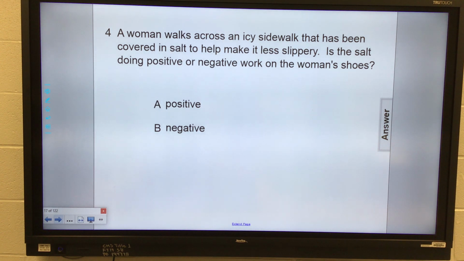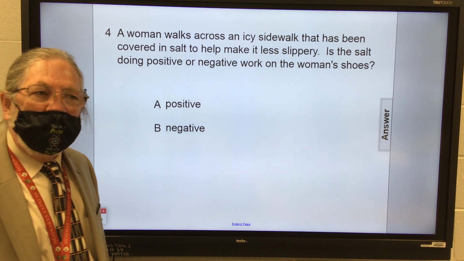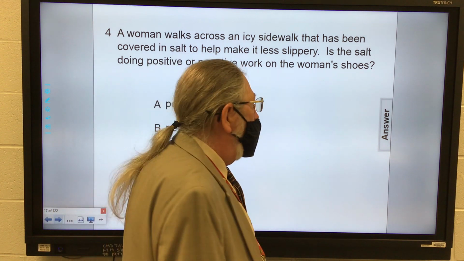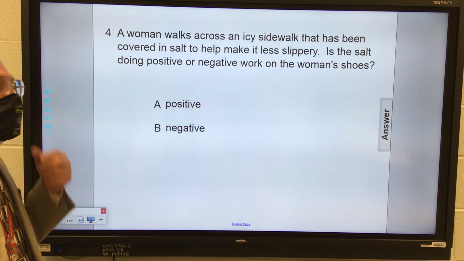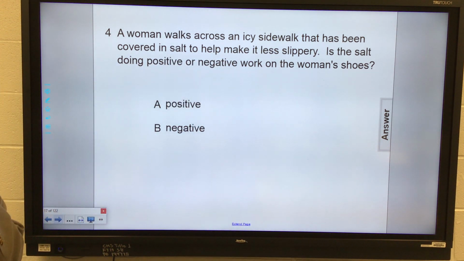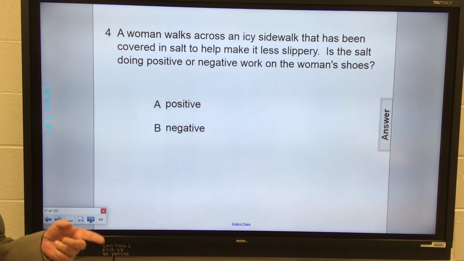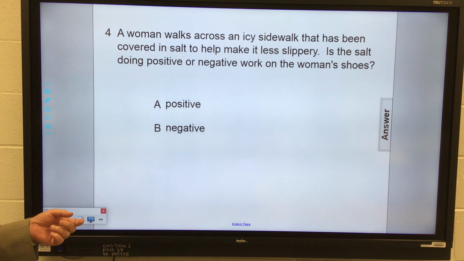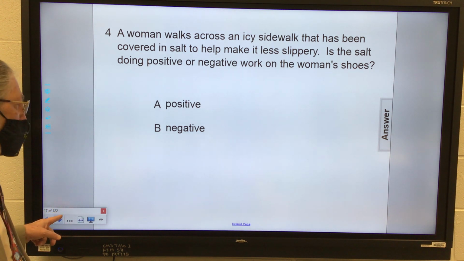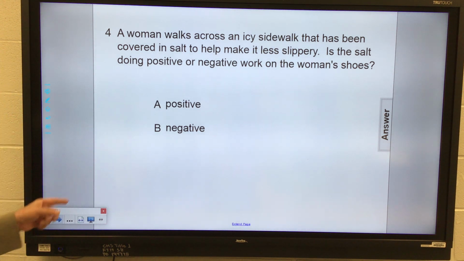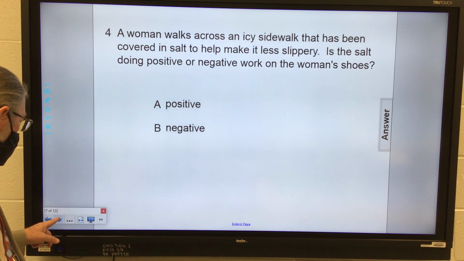Think about what the salt does. She's walking on an icy sidewalk, but there's salt underneath her on that ice. Is it going against or is it going with the shoe? If it's going against, that's negative. If it's going with, it's positive, right? Okay, so that might help you answer that question. Okay, I'm gonna move on now. Everybody got an answer?